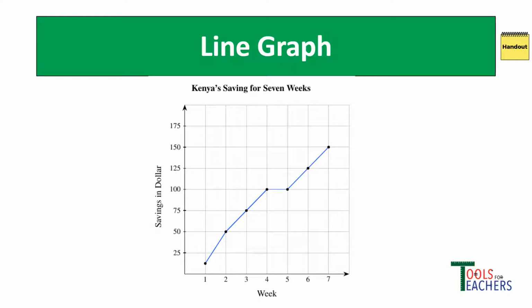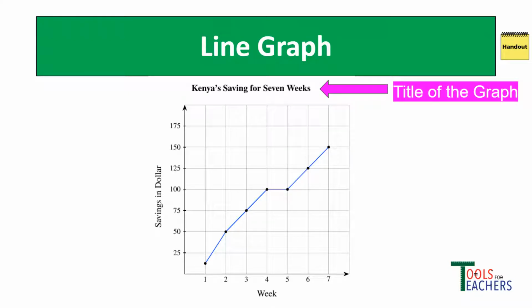First of all, you have a title. The title of the graph is Kenya's savings for 7 weeks. The title of a graph needs to be very specific so that you know what type of data you're reviewing.